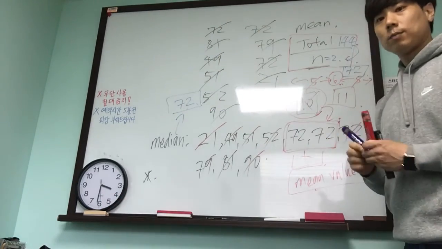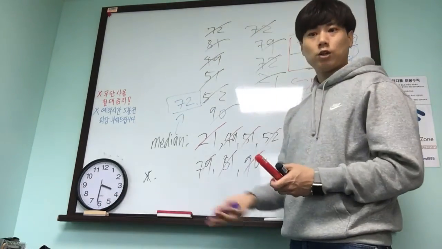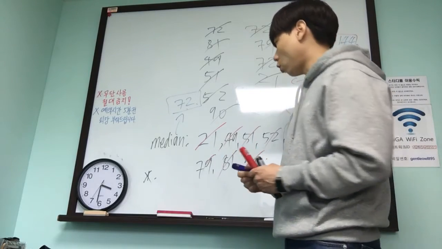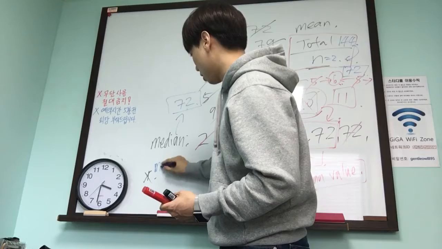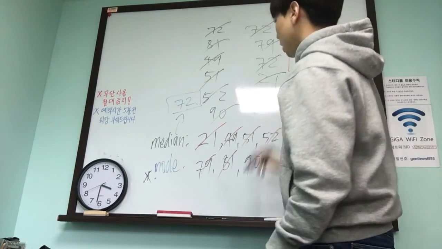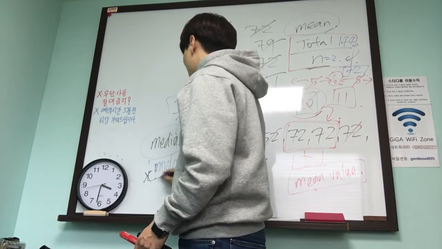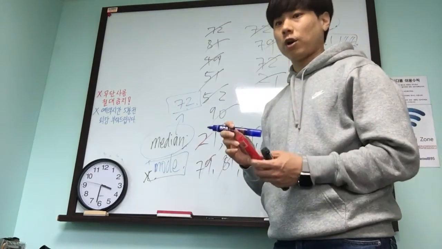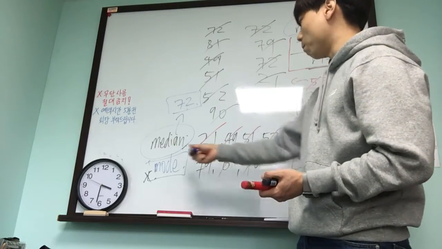Before we get into any practice, one more central tendency that we want to talk about is the mode. Now we know what mean is, now we know what median is. I remember when I was a student, I always got confused with what mode meant.